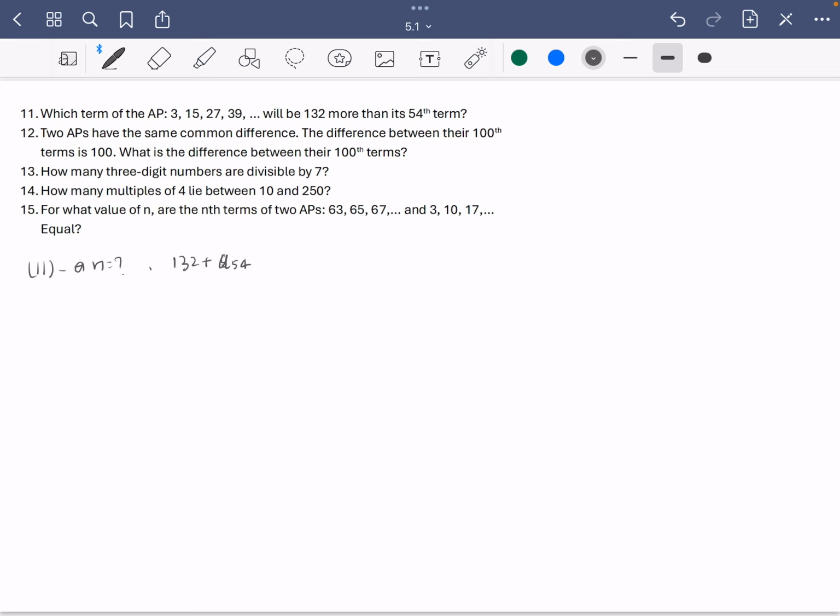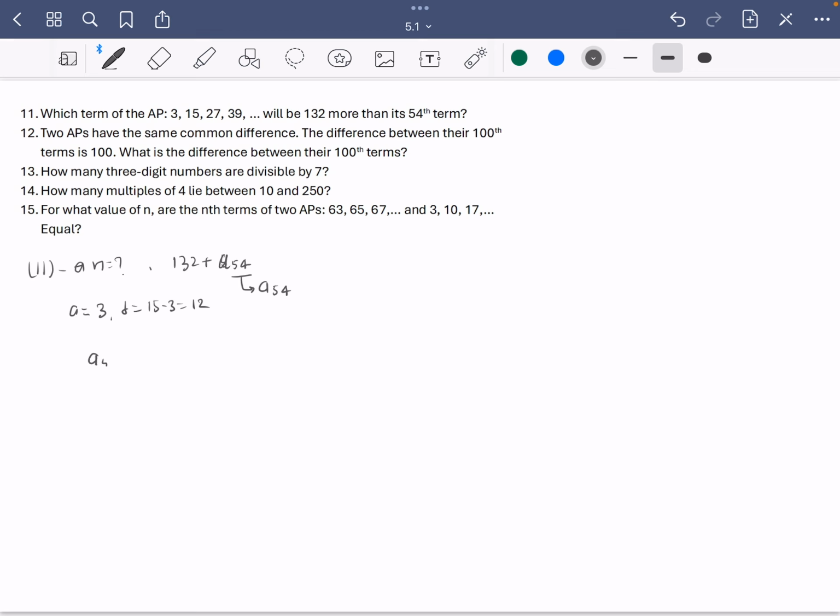Okay, so we are given a, which is 3, and d is going to be 15 - 3, which is 12. So I'll first find out what is a54, the 54th term.